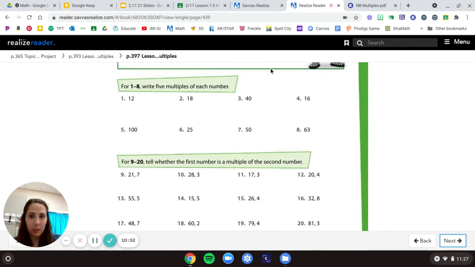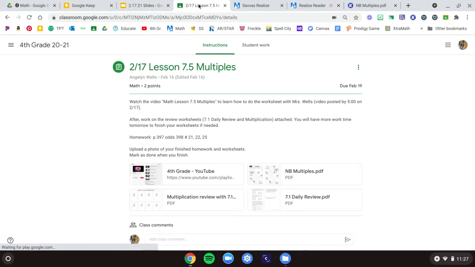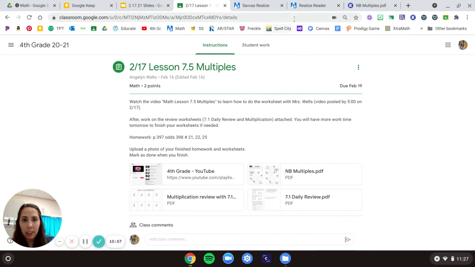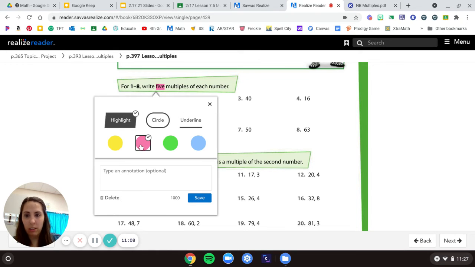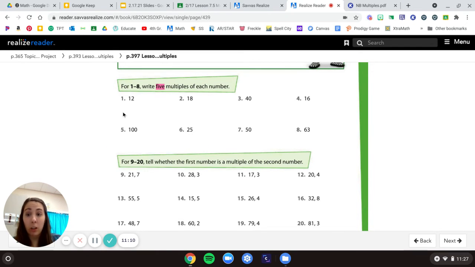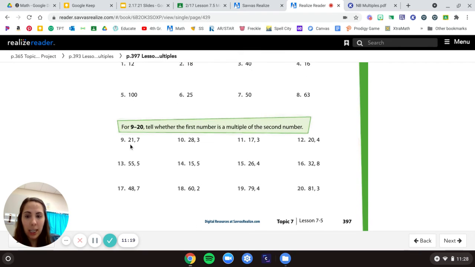All right. So we have first page 397 are odds. So you need to do number 1, 3, 5, and 7. You only need to write the first 5 multiples of each number. First 5. Okay, so always start, remember, 12 times 1. Then down here for numbers 9, 11, 13, 15, 17, and 19.